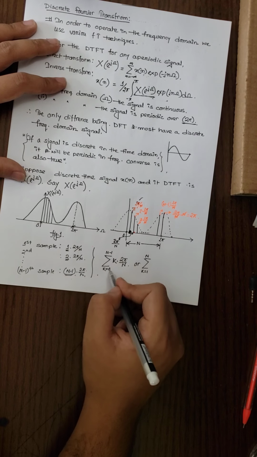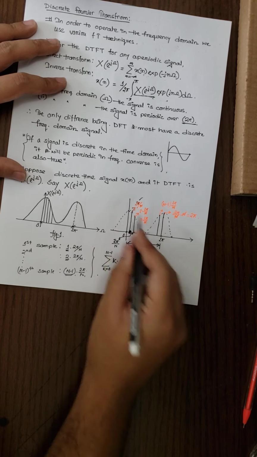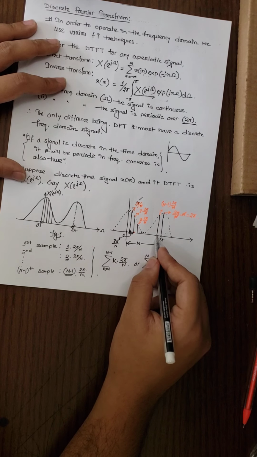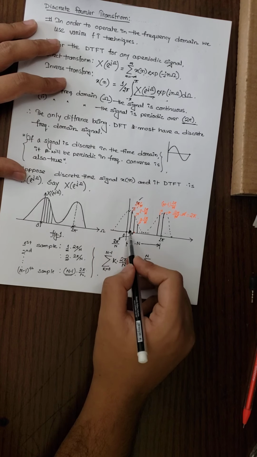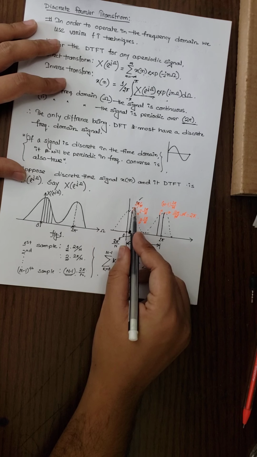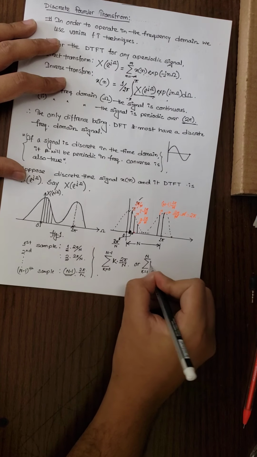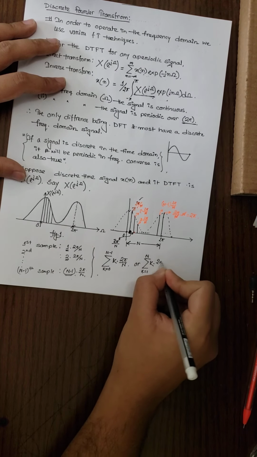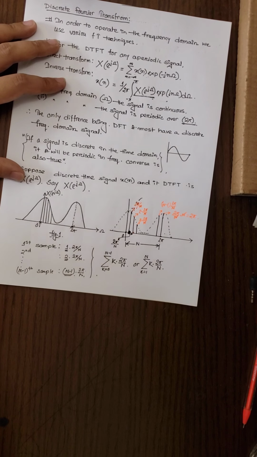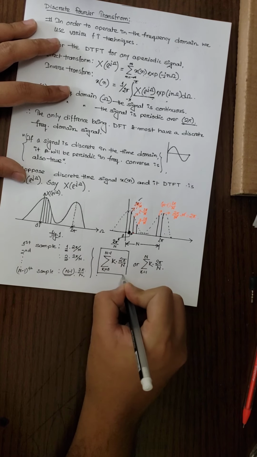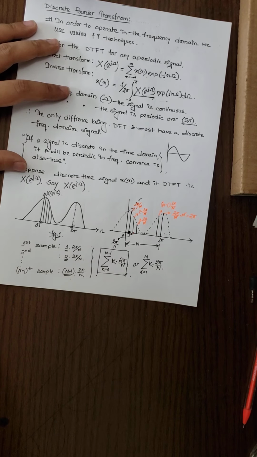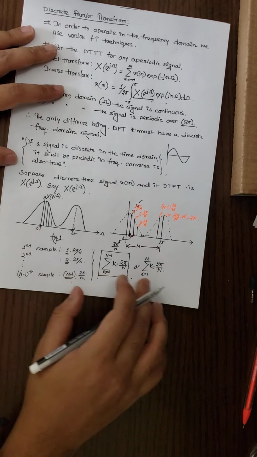So if we take the 0th sample to be the first sample, it will terminate at n minus 1. And otherwise, if we take the first sample to be the initial sample, it will terminate at n. The remainder will remain same. So for our ease of calculation, we shall be using this formula or this summation over here. Now let us move on.